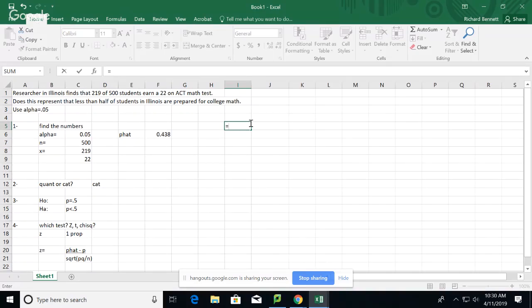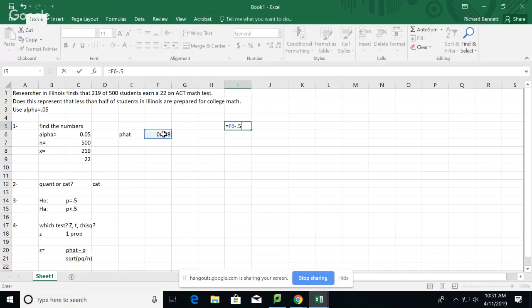So he had 0.438 minus p, which is 0.5. Why is it 0.5? I think both my ears are clogged. Trying to find less than half of students. Yes, it's the null hypothesis.